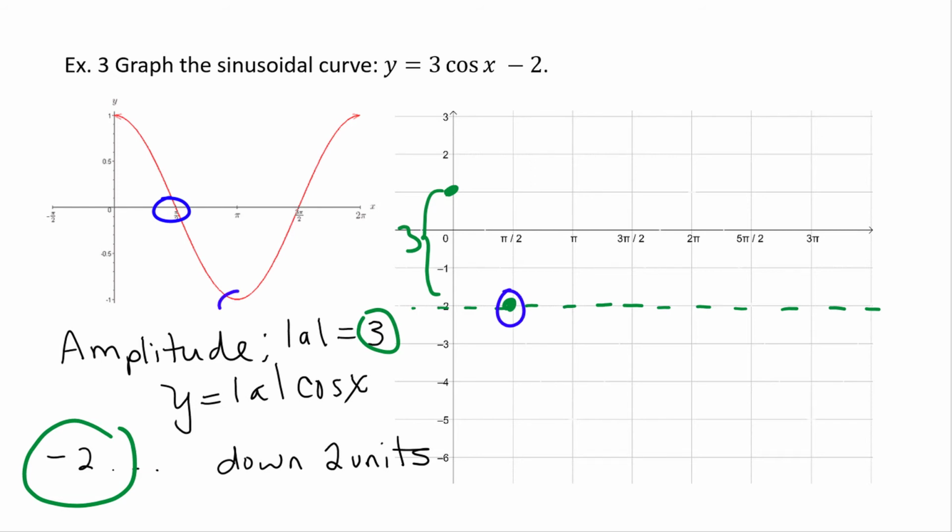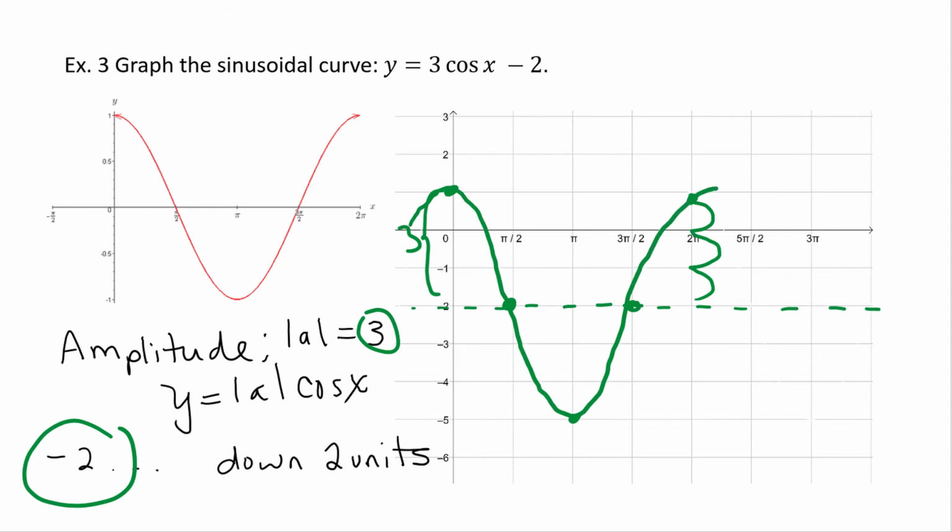And then at pi, from what would be the baseline, we go down 3, 1, 2, 3. Continue with the behavior at 3 pi over 2. The y equals minus 2 axis does the shift. And then at 2 pi, which would be the equivalent of 1, we go up 3 spaces. 1, 2, 3. Now let's attempt to sketch the graph.